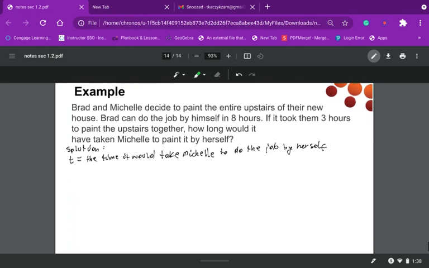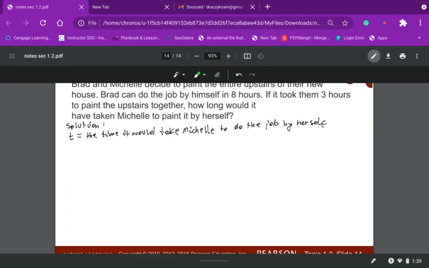So now I think the easier way to do it, also, I'm a fan actually of expressing all the information in table. So we have two situations here. We're talking about time needed to complete the job in hours. So that will be my first column.